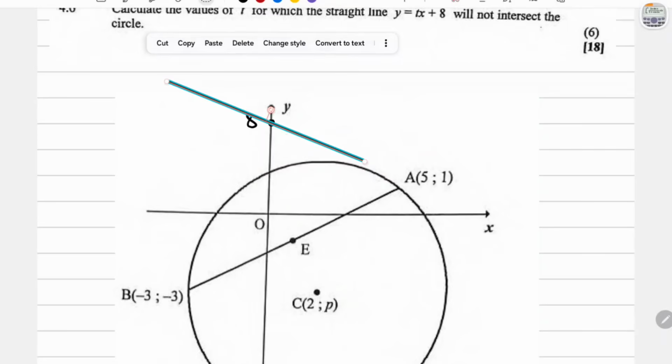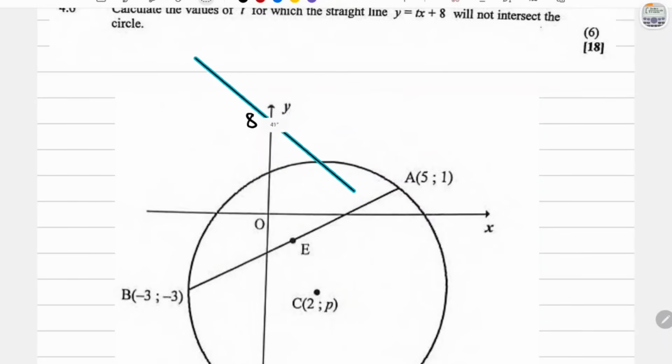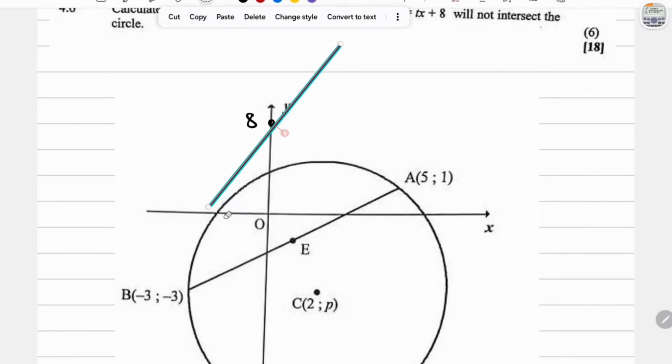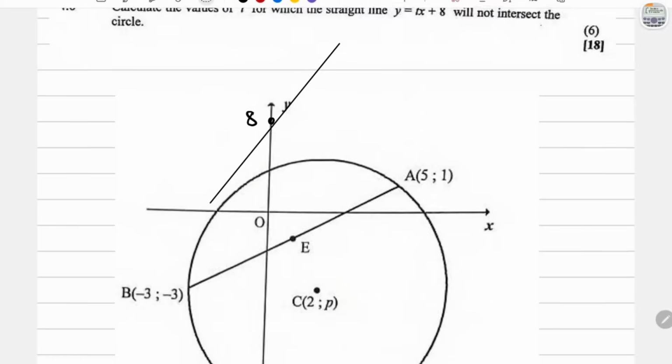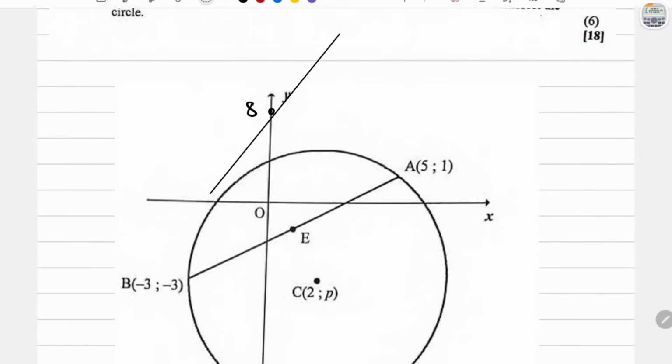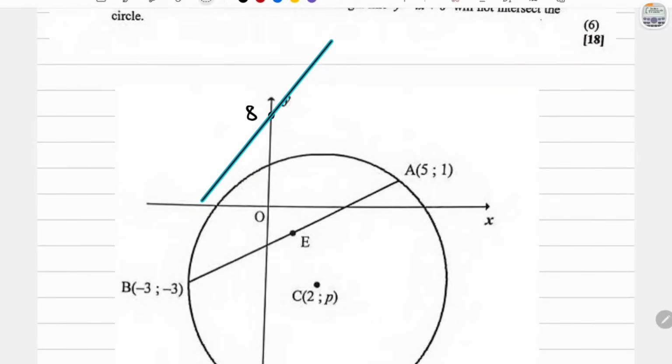This line eventually is going to touch the circle. And then if it keeps moving like this, it will keep touching the circle, and then it touches the circle one more time. Then after that, it stops intersecting the circle because it's away from the circle enough for it not to touch.